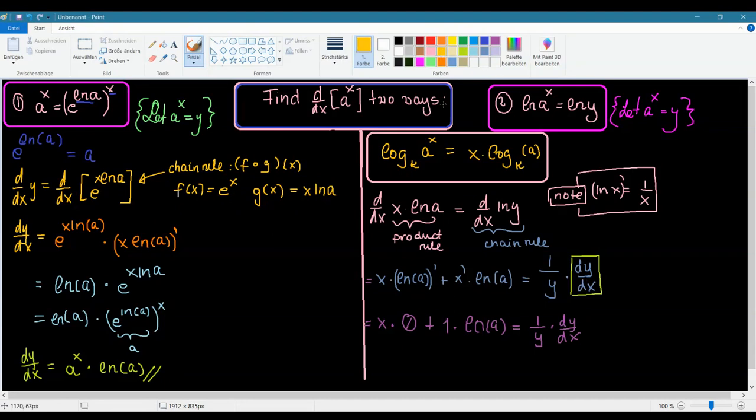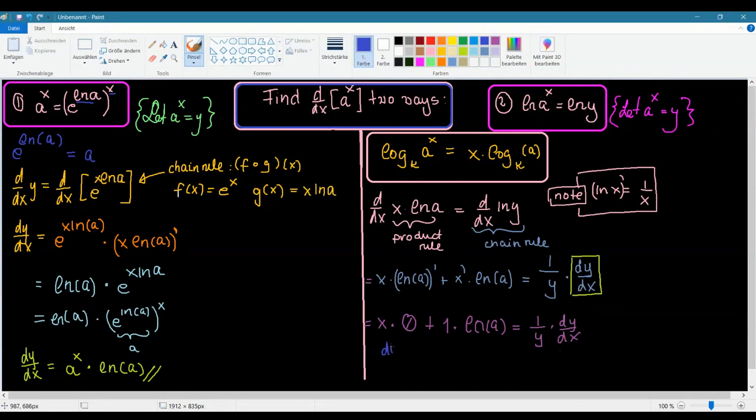The left side is just going to disappear pretty quickly. x times 0 is 0, and 1 times ln a is just ln a. Then we're going to multiply both sides by y to get dy over dx alone.